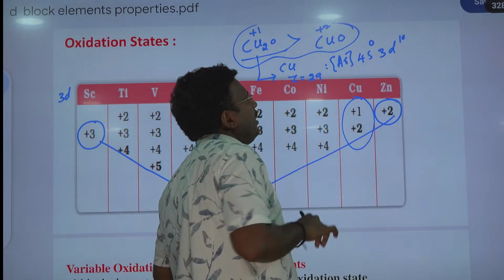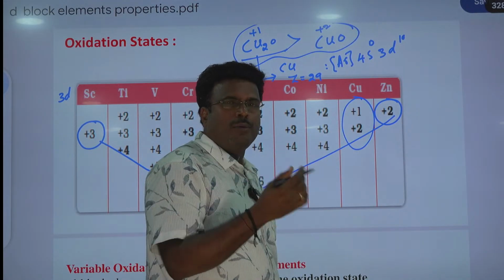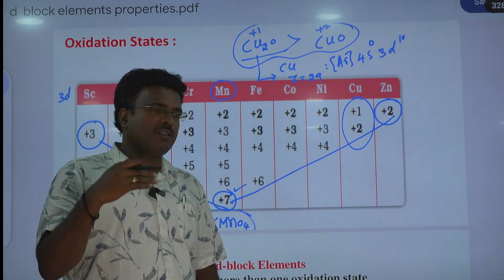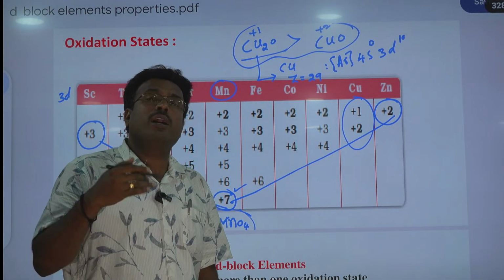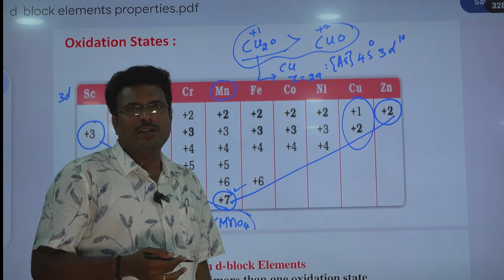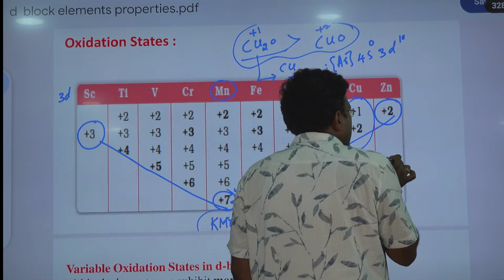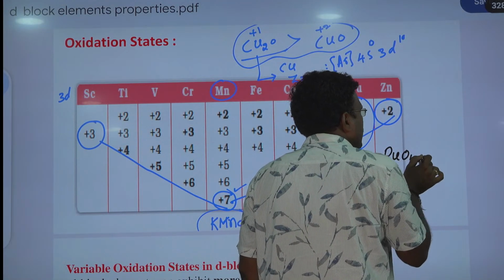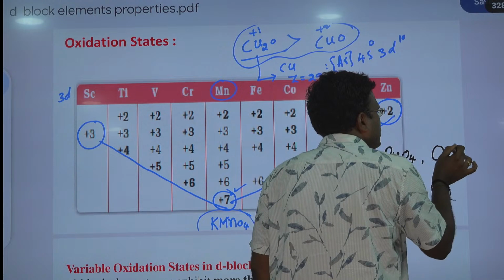In general, D block elements reach the highest oxidation states especially in oxides and fluorides, because oxygen and fluorine are more electronegative than other elements. Here you should especially remember ruthenium tetroxide and osmium tetroxide.